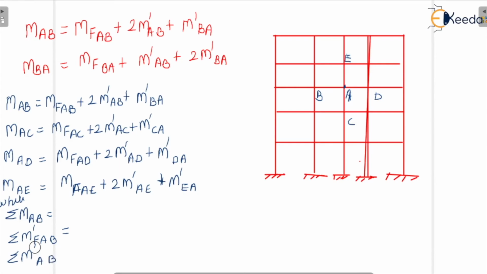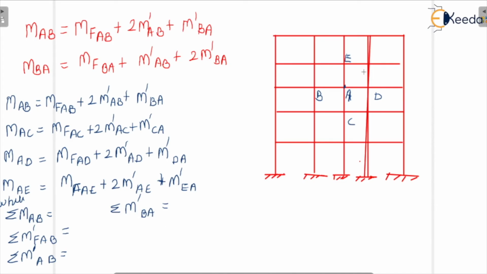Whenever a dash is there, that is because of rotation. So it is the sum of near end rotation contributions of all the members meeting at joint A, and the summation of M dash of BA is the sum of far end rotation contributions of all the members meeting at joint A. So this is the terminology we are going to use.